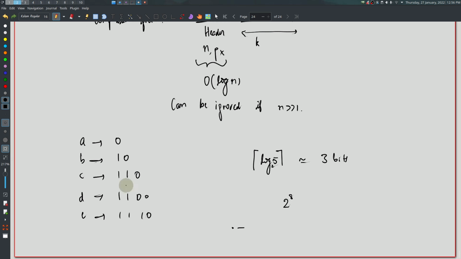Okay, so maybe that's the way to think about these variable length codes.